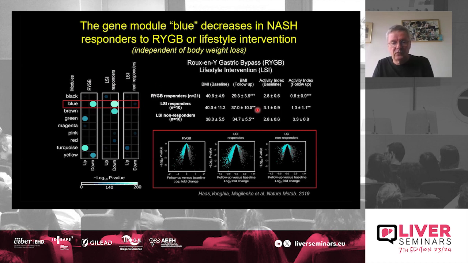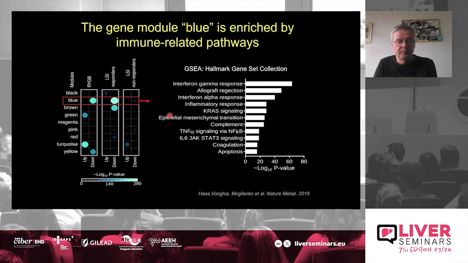So we're quite interested to find out which genes are represented in this blue module. And somehow, maybe not so surprising, when we looked at these genes, we found that a lot of these genes are related, you can see, to inflammatory pathways.